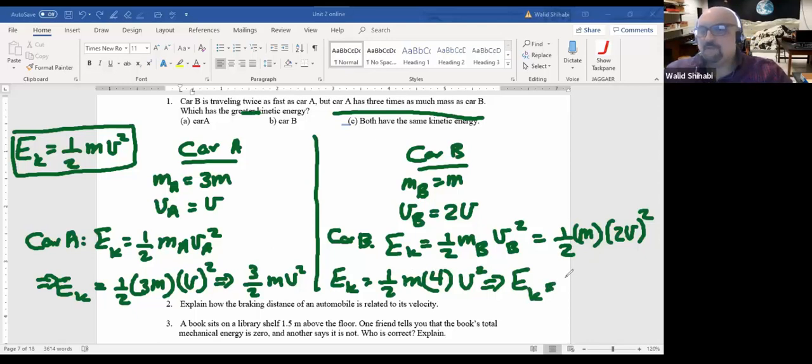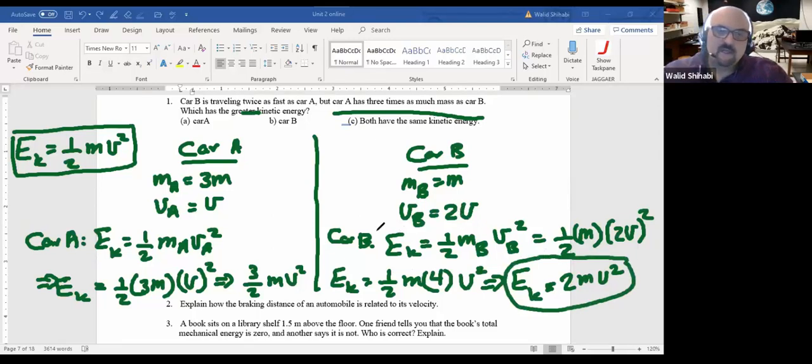Will give you 2 mv squared. So notice here, this is the kinetic energy of car B based upon the symbols we used here. And this is the kinetic energy of car A, 3/2. Which one is bigger, 2 mv squared or 3/2 mv squared? Of course, 3/2, remember, 3/2 is 1.5, right?